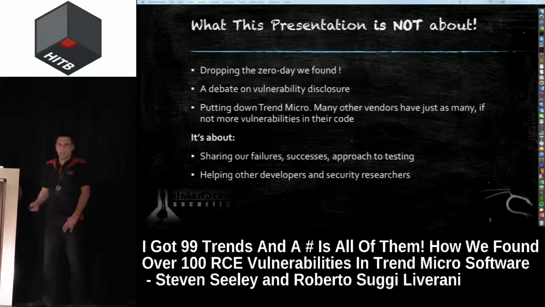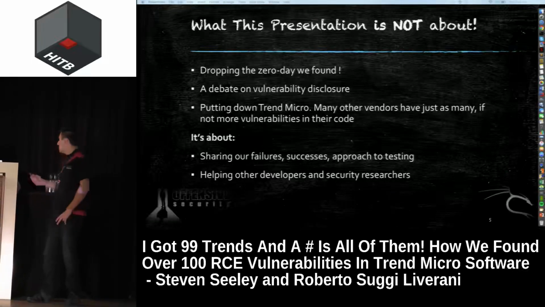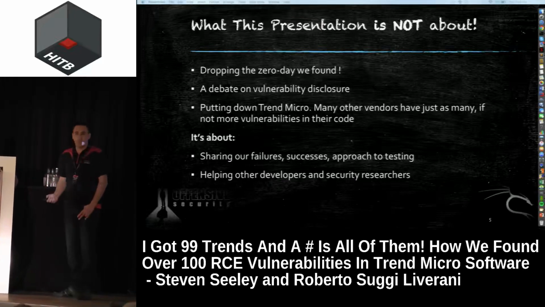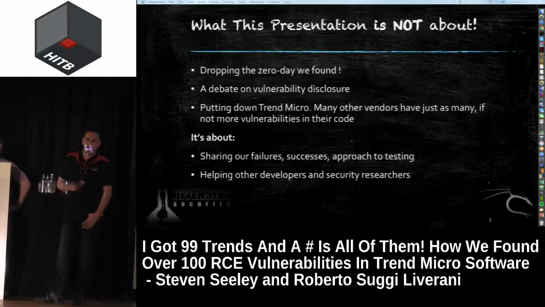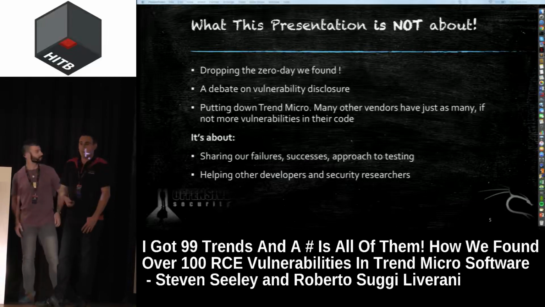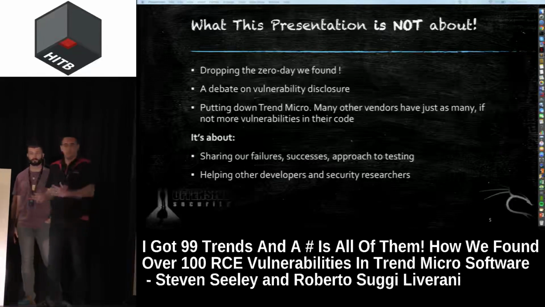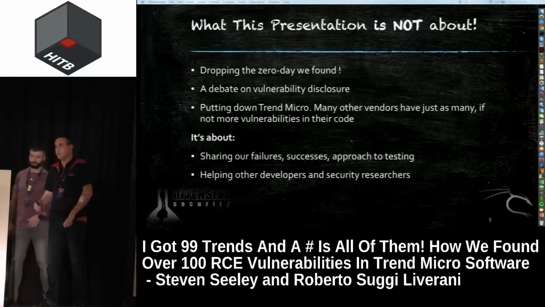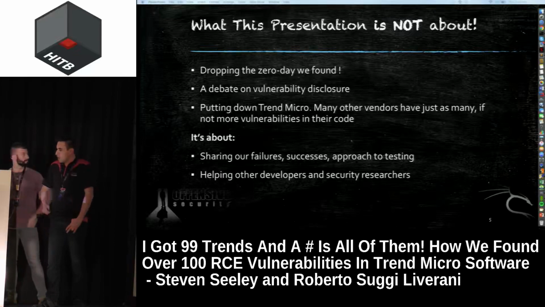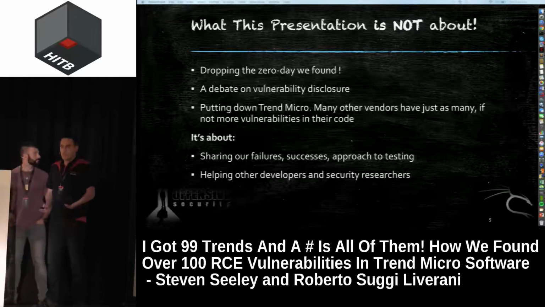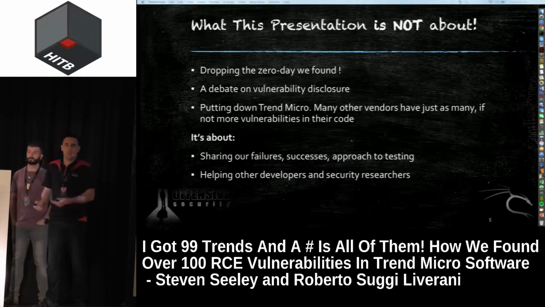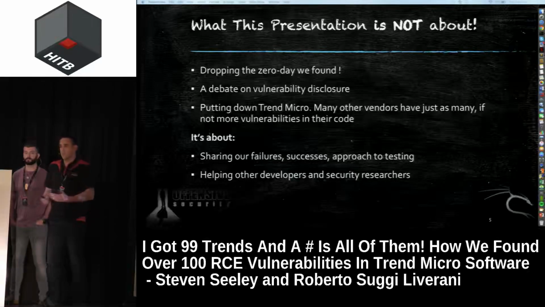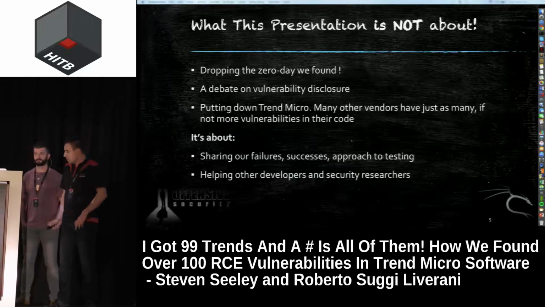As a matter of fact, we tested different products, so it's not just Trend Micro. I will be publishing a bug I found some time ago in McAfee. It's not just a disclaimer, but a clarification, because we got questions like why did you pick Trend Micro and not others. The opposite: what we want to do is share what we found and how we found it. That's the takeaway from this presentation.